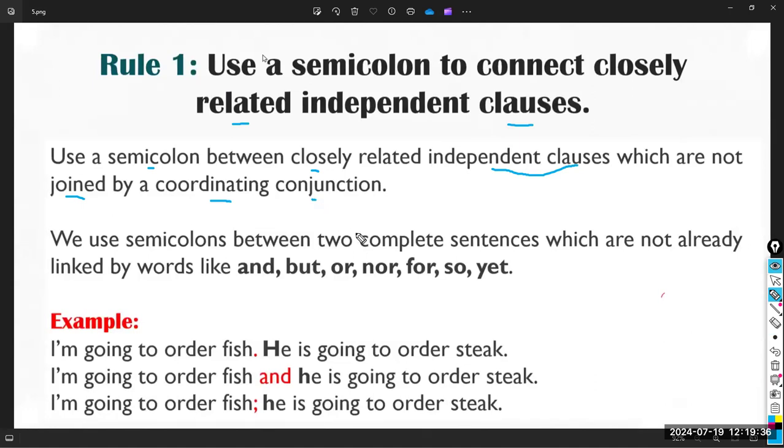If you remember, guys, when discussing the clauses and sentences, we explained that we have a kind of sentence which is the compound sentence. I mean, in the compound sentence, we have two independent clauses, and we said in the video of clauses and sentences, so please watch the video about clauses and sentences just to understand the meaning of compound sentence.